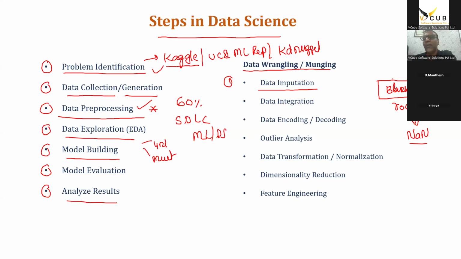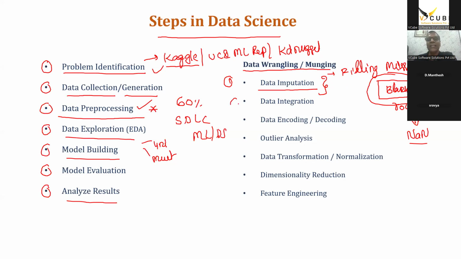Now, we need to fill this blank data. The process is called imputation. Imputation means filling missing values. This is the first technique.